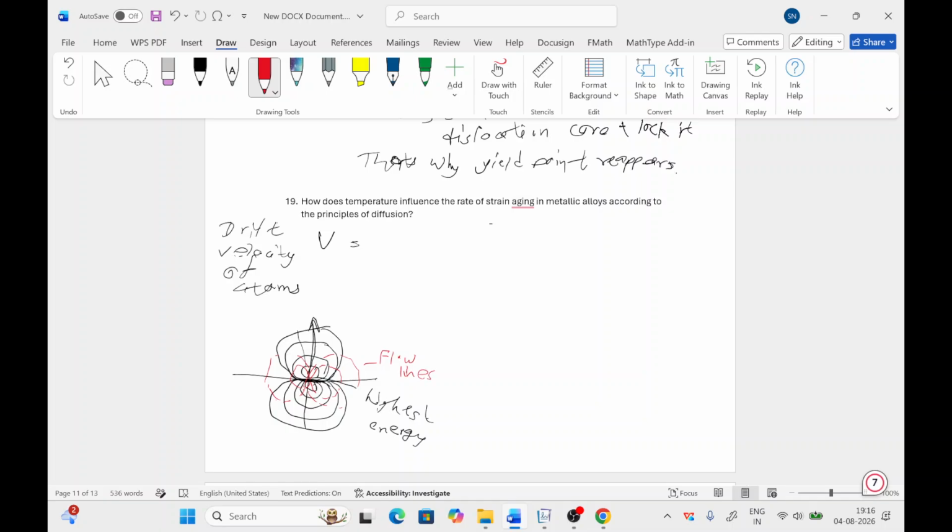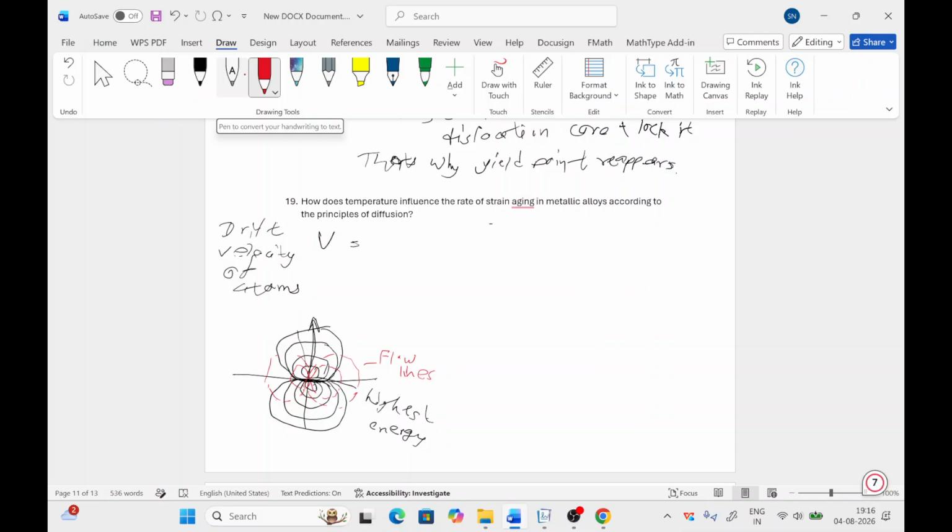So solute atoms, as they come near this stress field, will feel some force and move frequently around the dislocation because of this energy gradient.